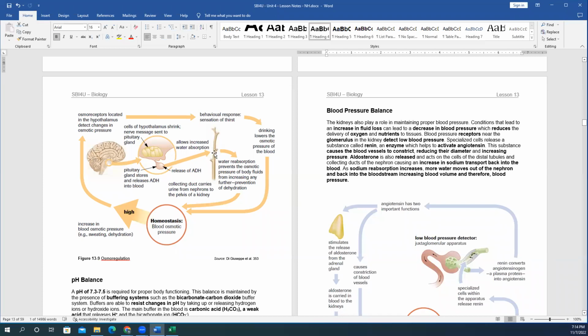The release of ADH then has an effect on the collecting ducts and allows an increase in water absorption.